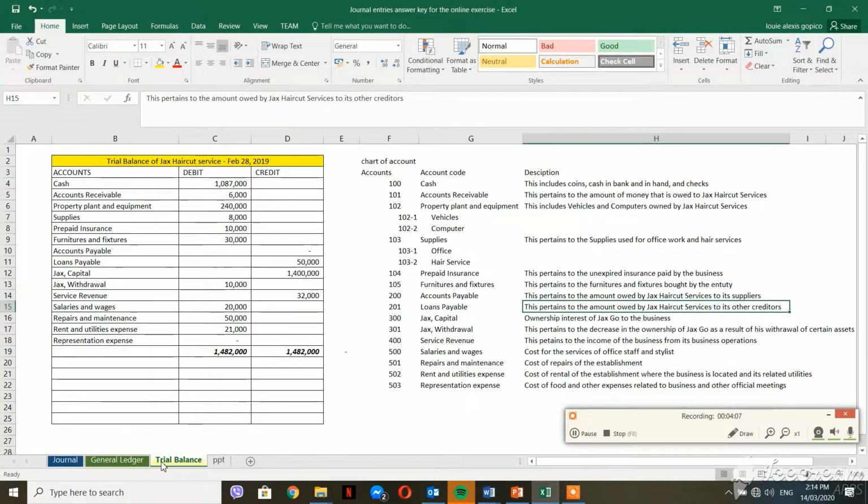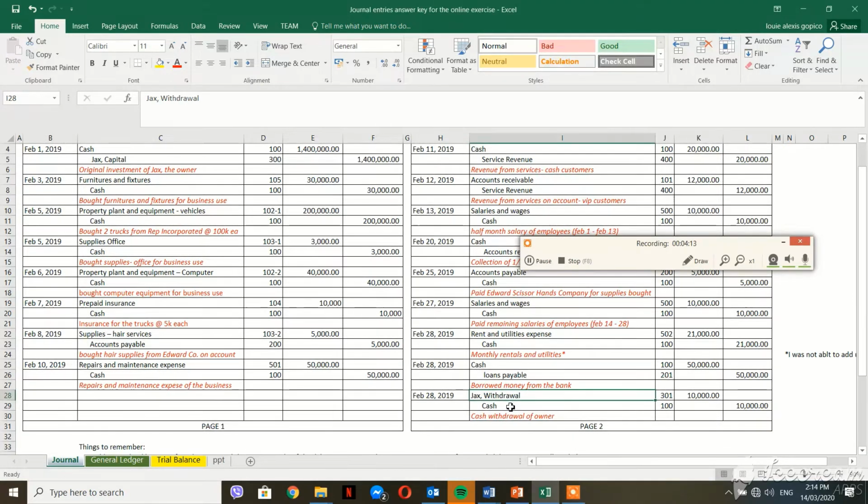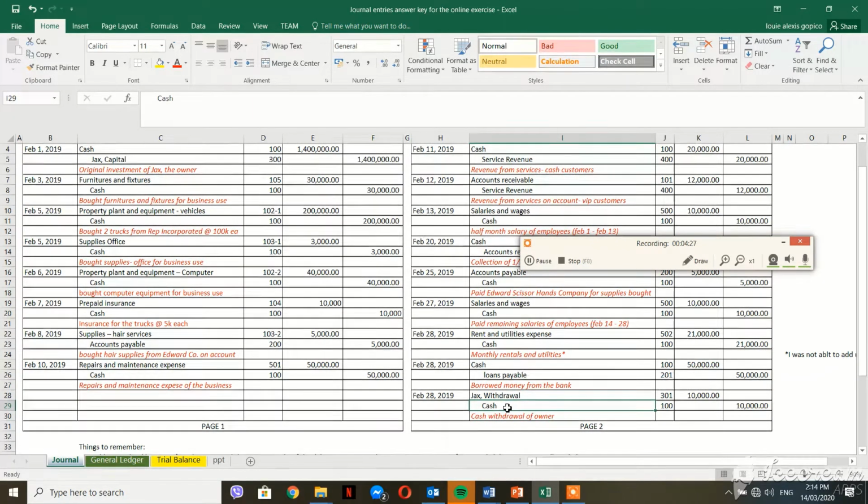So, withdrawal. When you withdraw money, you credit cash because the cash decreases. So the owner gets his share of cash from the business. So the business's cash will decrease, and when an asset decreases, you credit an asset.